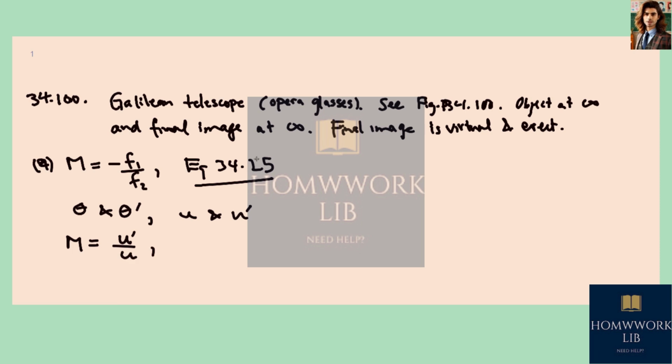And if we examine this figure, we find that this angle u is y over f1, and that's the object height, and then u prime is y over f2, because f2 is diverging, so I have a minus sign here.